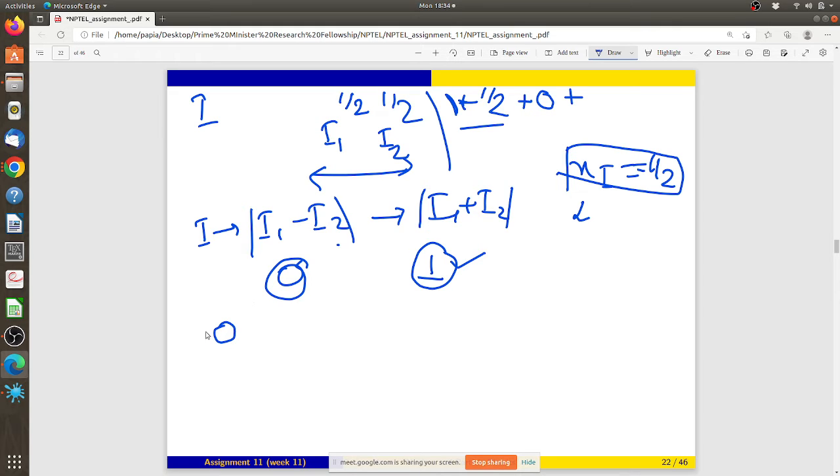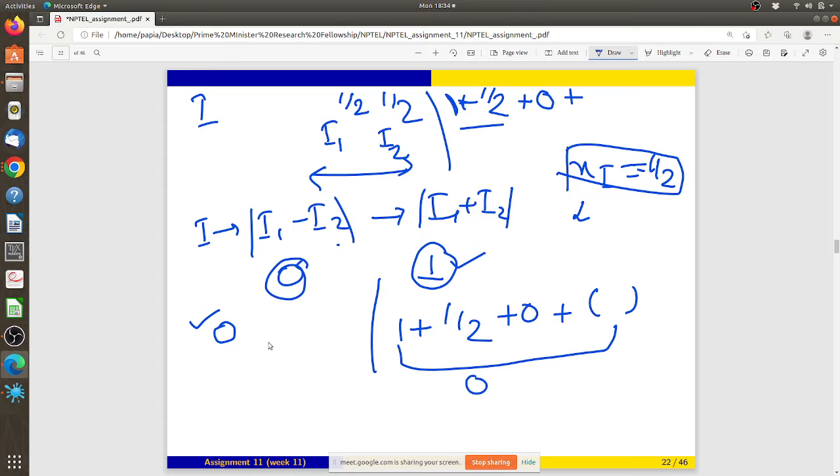Now coming to the right hand side part. The right hand side means 1 plus half plus 0 plus something. I don't know what this one is. As a whole this should be 0, because obviously we have to conjugate the I value.